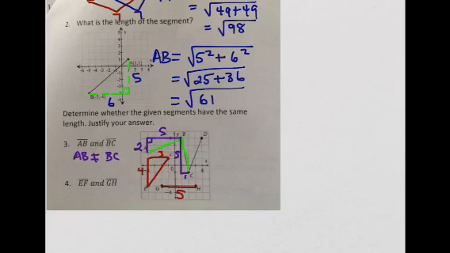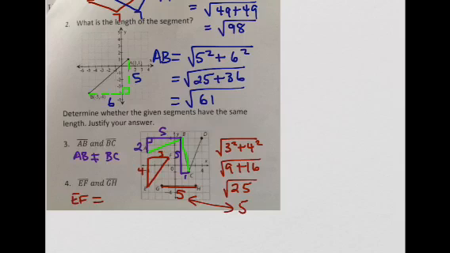So for EF, when you do 3 squared plus 4 squared, that's going to be the square root of 9 plus 16. That's 25. So the square root of 25 is 5, right? So 5 equals 5. So yes, right here, EF does equal GH. Okay, we already did 4.